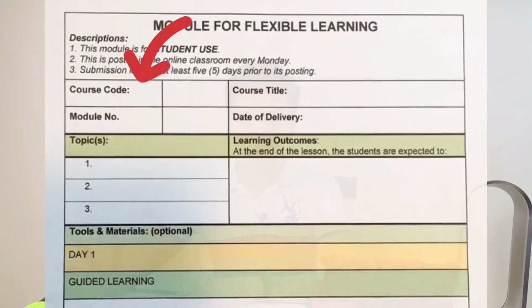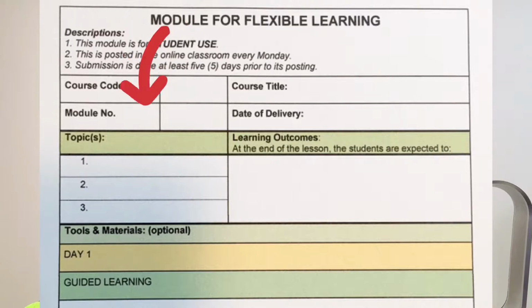Course code is an alphanumeric code that is assigned to a certain course or a subject, and it is provided to you upon completing the enrollment process during the start of the semester. And on the other side of the course code, you have there the course title, or what we call the subject title, the module number.